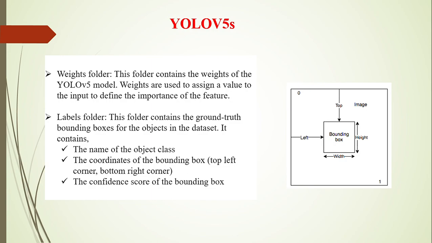The last.pt checkpoint represents the latest state of the model after completing the specified number of iterations. The labels folder, as I said earlier, contains the class to which the defect belongs and the coordinates of the bounding boxes of each image.